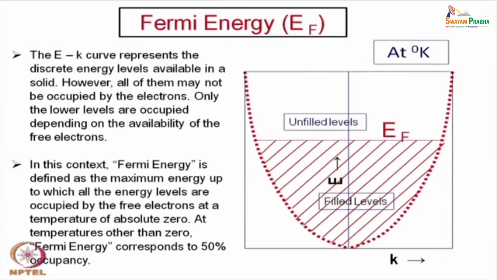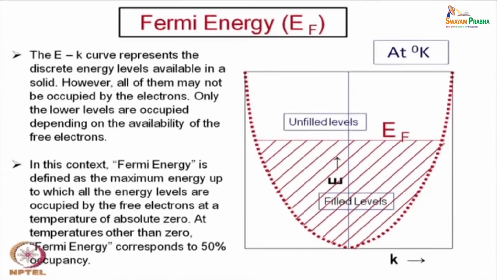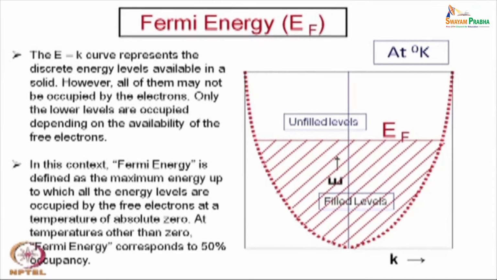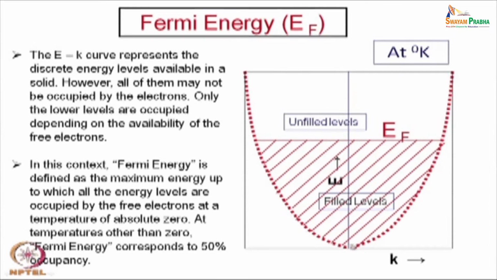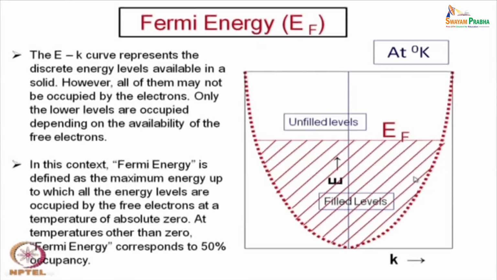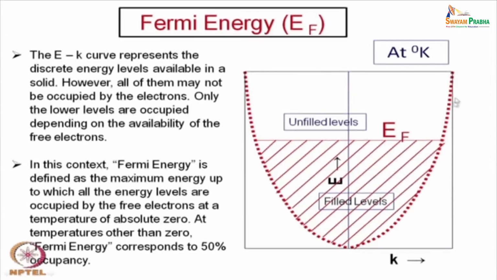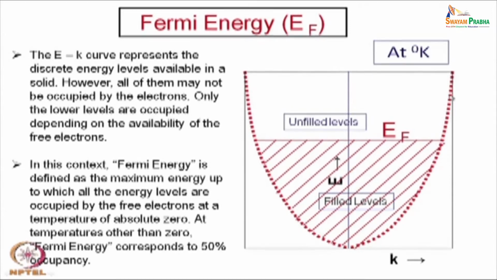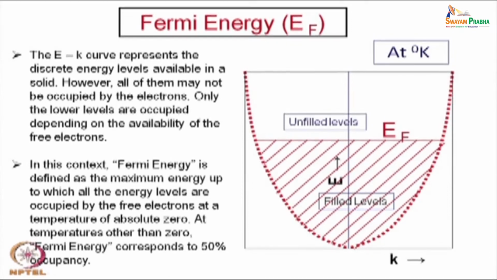So, depending on the availability of the free electrons, the outermost orbit electrons, the electron availability will be different, but the theoretical curve which has been computed is still valid. Depending on the number of available electrons, the lowermost energy levels will be occupied first, and the rest of the energy levels, although they exist and electrons can theoretically have that kind of energy, will have no electrons to occupy them.